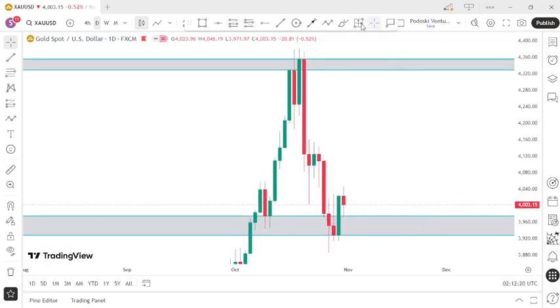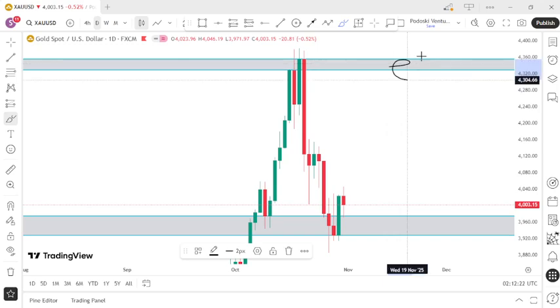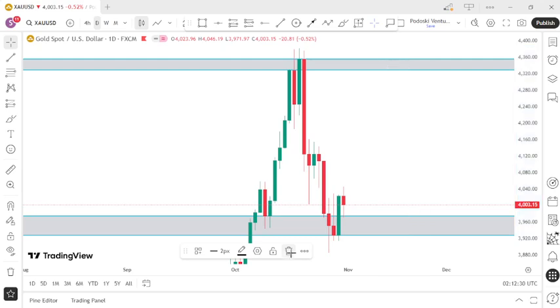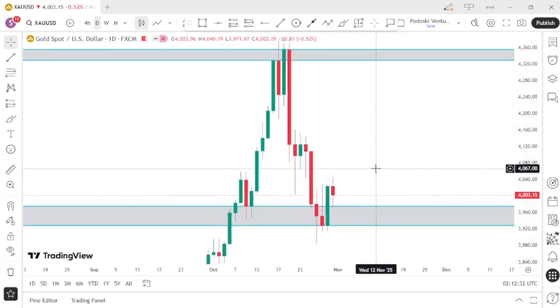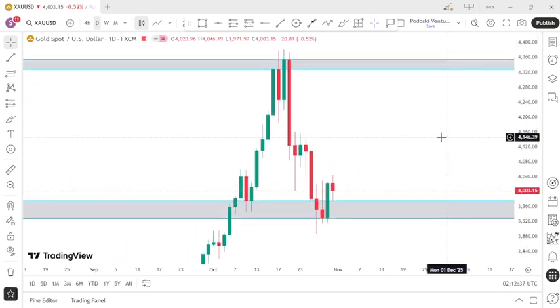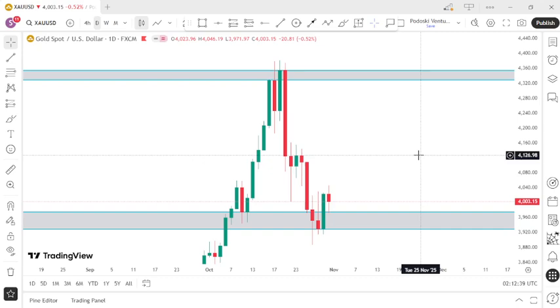So on the daily time frame on gold, I have my daily upper zone here and my daily lower zone here. From the daily time frame, we see price has done a very beautiful break and retest with a nice confirmation, which tells us that gold is going to be moving to the upside.